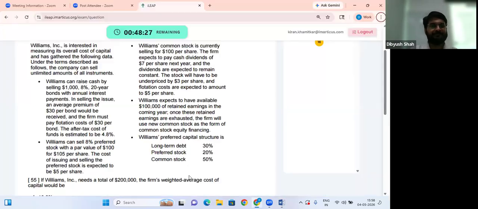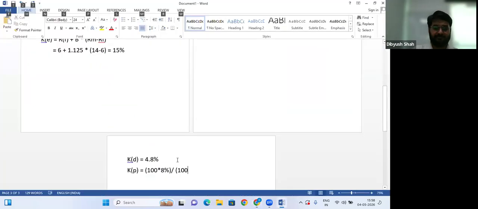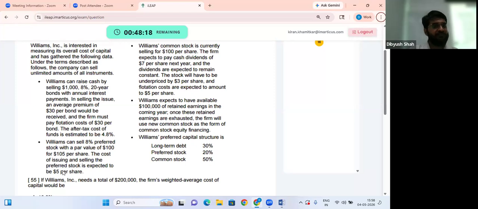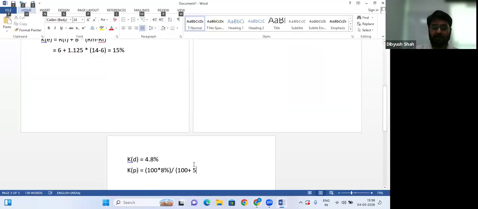So 100, you will issue it for 105, a $5 premium, and flotation cost will be more or less the same, so you will receive the same amount. So in this case, it will be 8 divided by 100, that is 8% only.